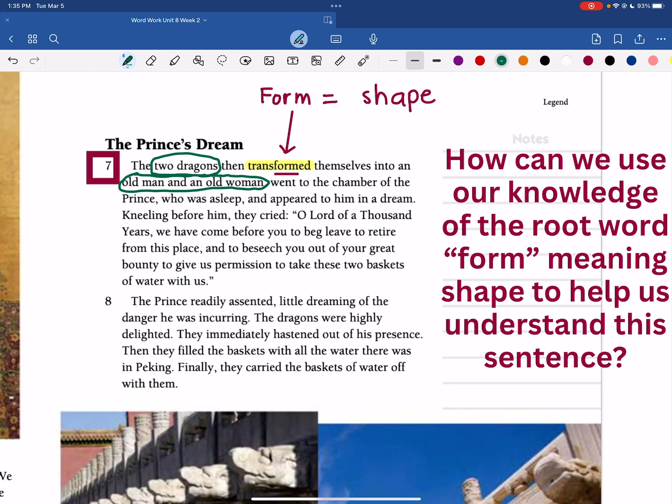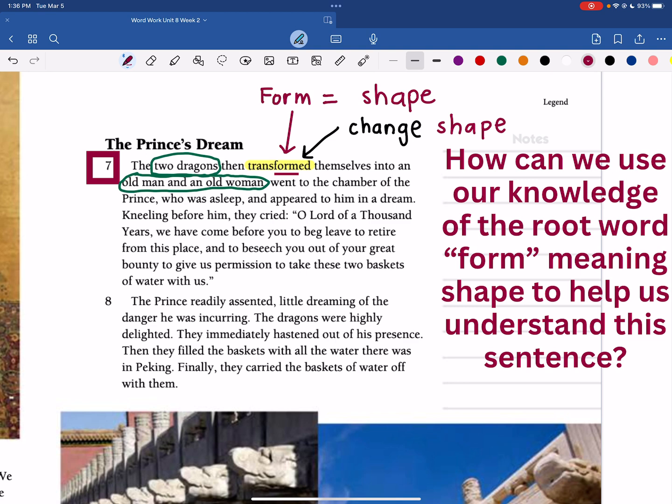If I know that the word form means shape, then I know that the word transformed probably means to change shape.